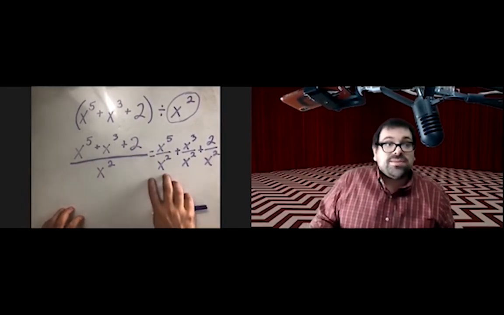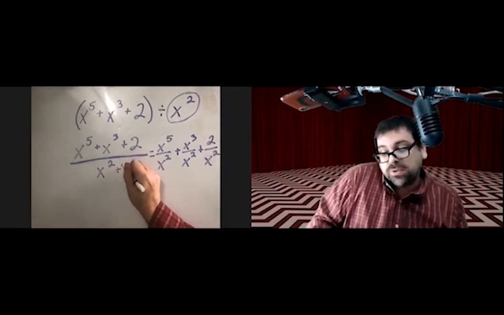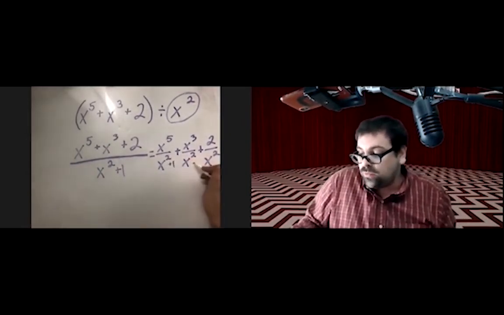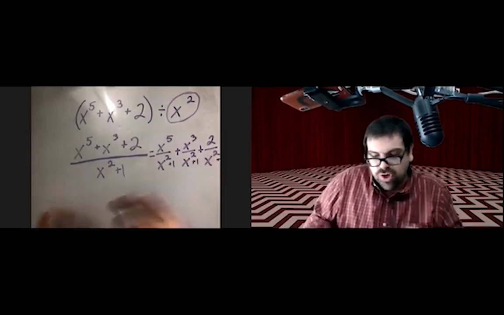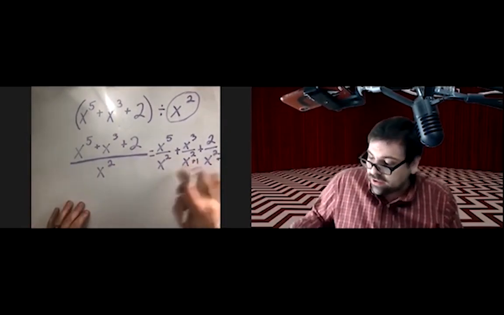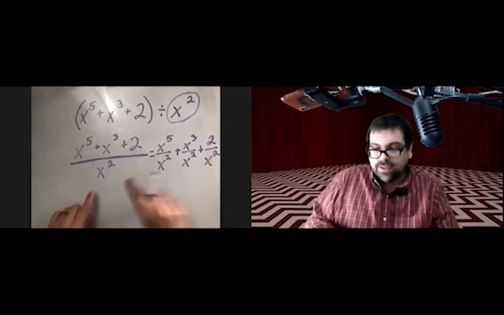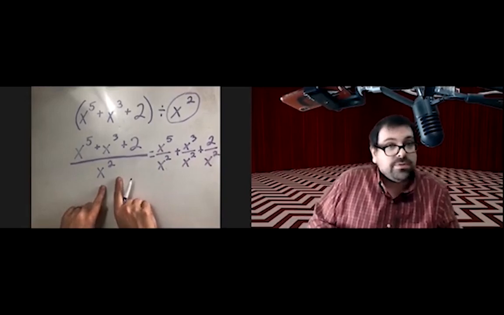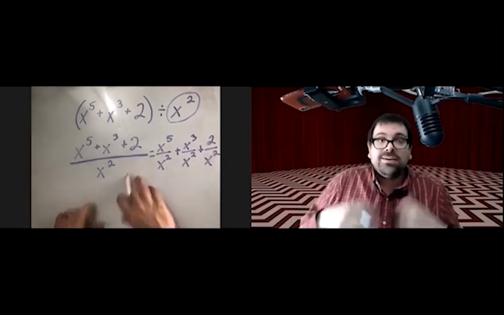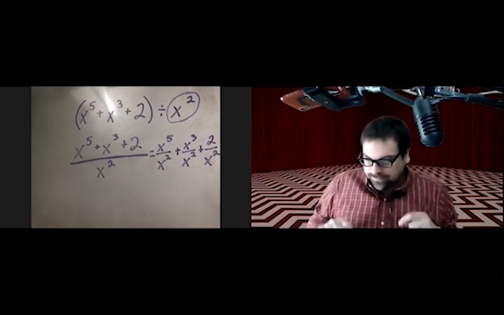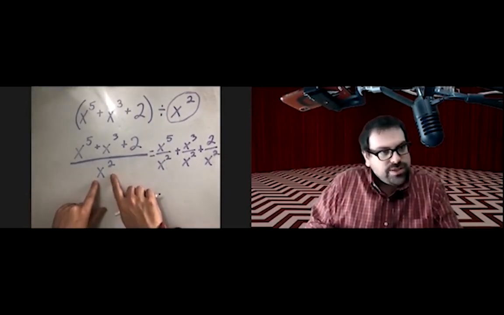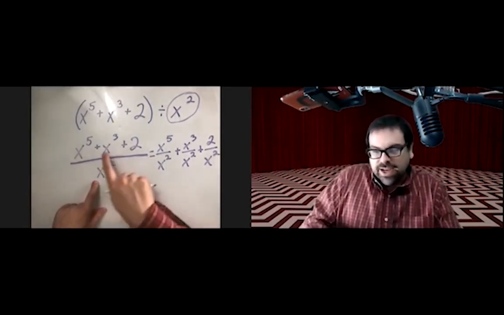You can't do this if it was like x squared plus 1, though. It wouldn't be plus 1 plus 1 plus 1. No, you can't do that. That would have to be long division. As soon as you add a second term in your denominator, that's long division. But when it's just a monomial, when it's just a single term, you divide each piece.